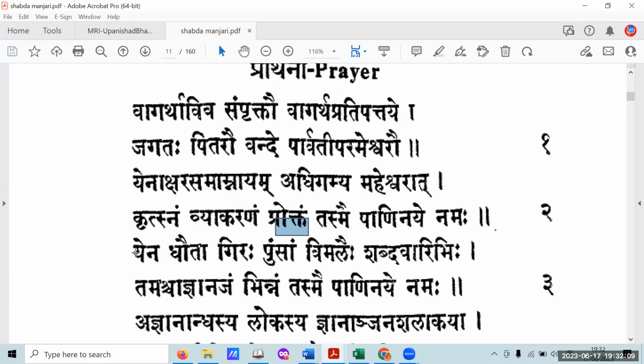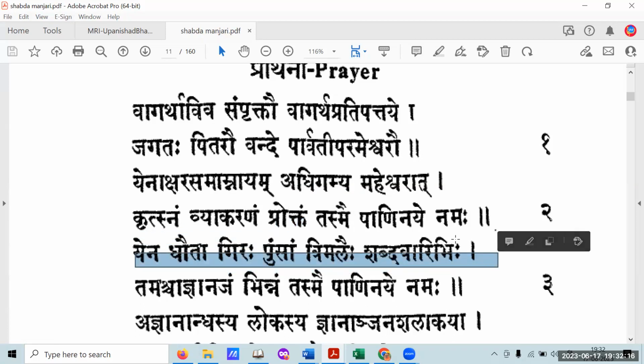Now look at this. Yena dhautaha giraha pumsam. Dhautaha: the dhatu is dhav, which means to wash. Dhauta is the form with kta pratyaya. Dhauta means washed. Dhautaha, plural. By this vyakarana of Panini, what was done?